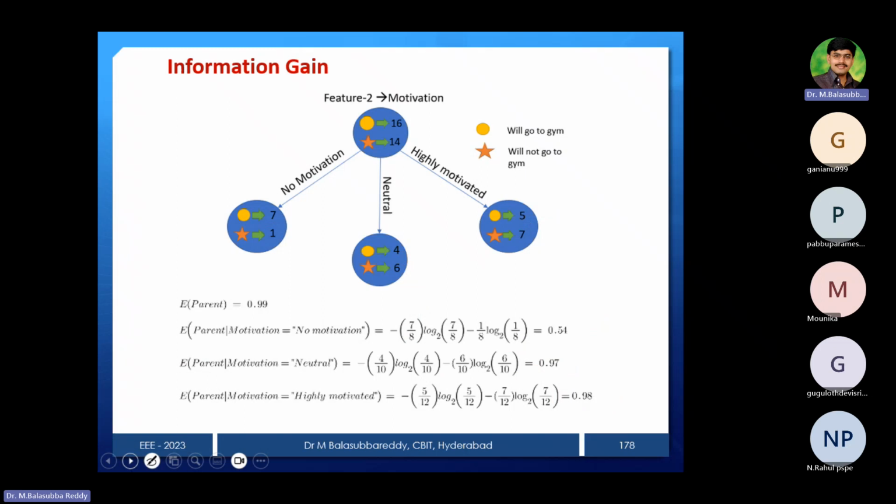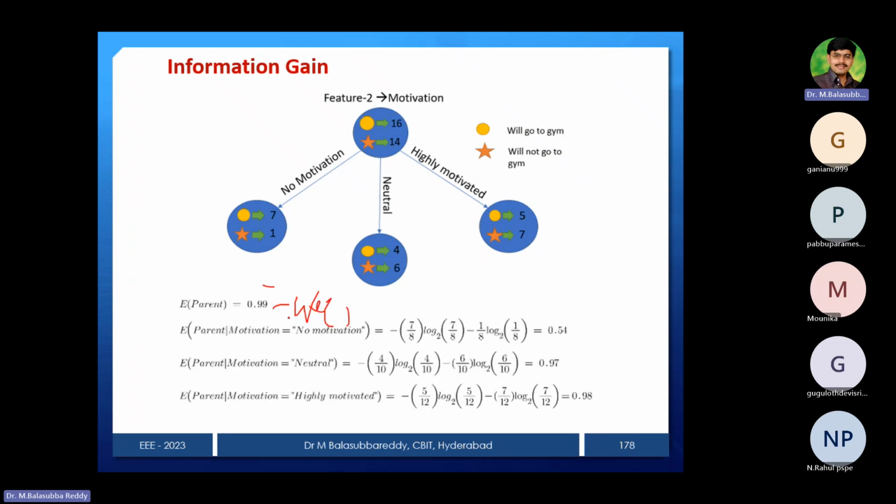After that, what do we need to calculate? We need to calculate information gain. Earlier, when energy was our root node, we got 0.37. Now we calculate the information gain for motivation. Information gain is the parent entropy minus the weighted average of entropy.